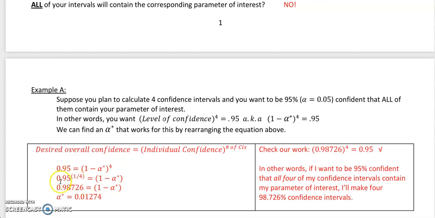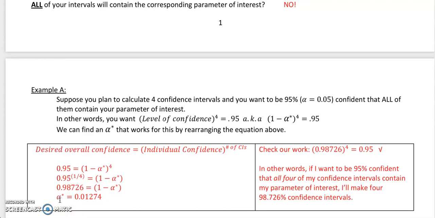If you calculate that out, you'll get 0.98726, which tells me that my individual intervals should be 98.726% intervals. And if I wanted to figure out what significance level that is, I'll just take 1 minus this number, and this would be something that I could say to SAS, for example.